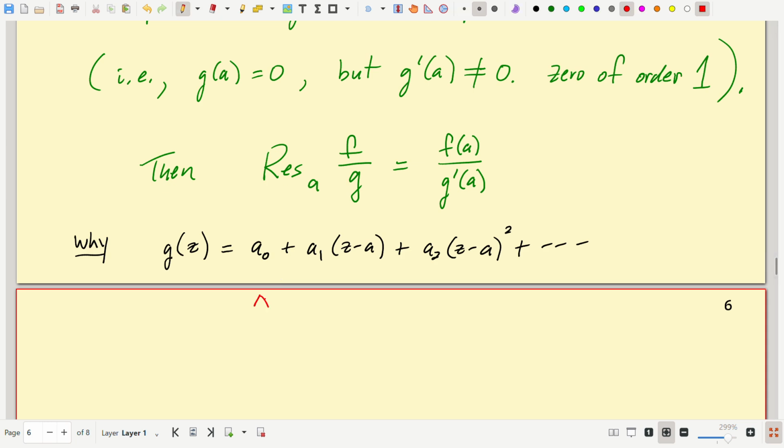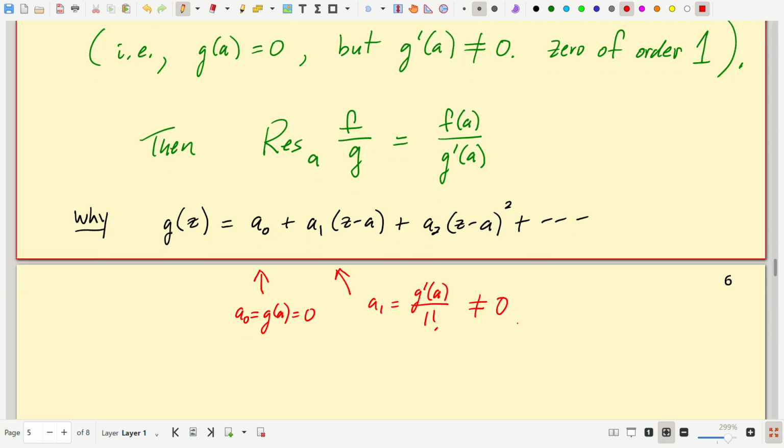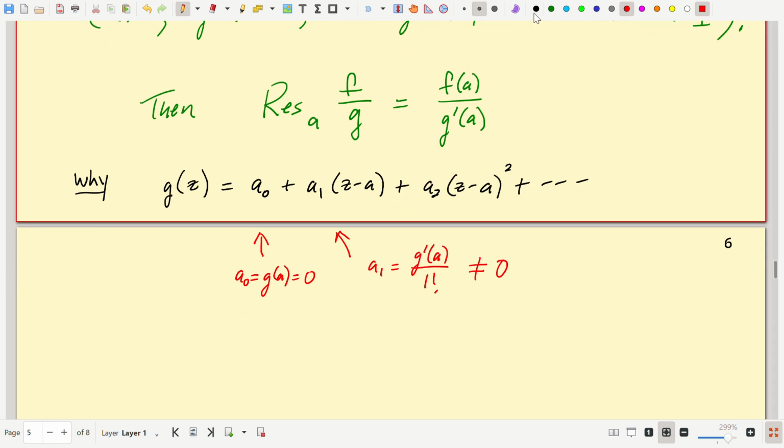So that's 0. And a1, by Taylor's formula, is g prime of a over 1 factorial. And that's not equal to 0. And so g has a series expansion that starts with an a1 term.